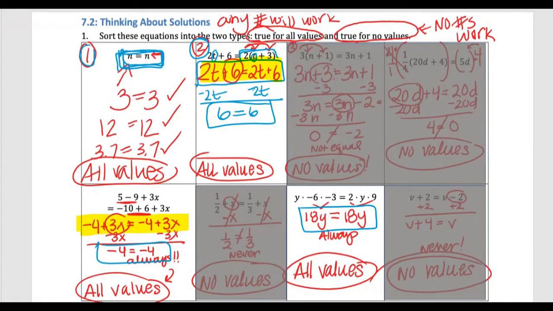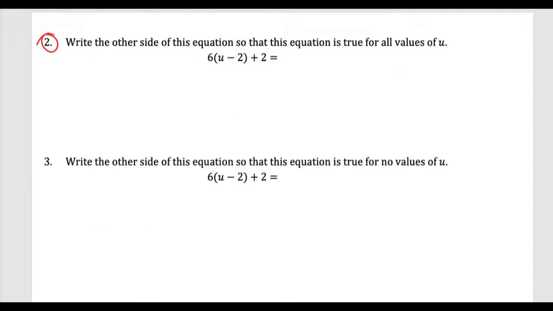Once you simplified, you didn't even really have to solve, right? And then if we look at this one, 18y equals 18y. So something common happened here. Once we simplified, or at any point in the solving process, the left side and the right side were exact mirror images. So we can use that information to help us on number 2.